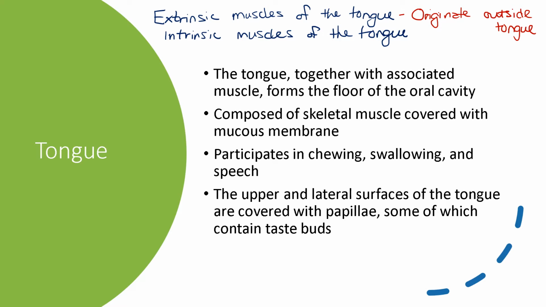And they're able to move the tongue from side to side and in and out in order to maneuver food for chewing, to shape the food into a rounded mass, and also to force food to the back of the mouth for swallowing. So those are all the things that the extrinsic muscles of the tongue help the tongue to do.